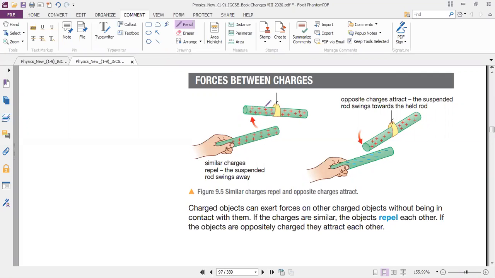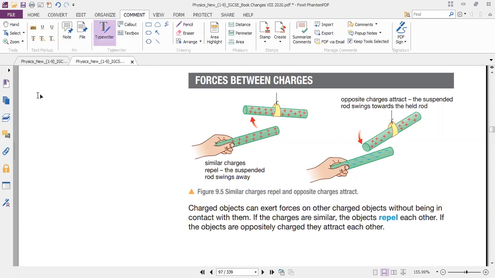So this suspended rod would move away, showing that similar charges repel. And if you bring another plastic rod of negative charge to the suspended rod, you will see that the suspended rod comes closer. It shows that opposite charges attract.